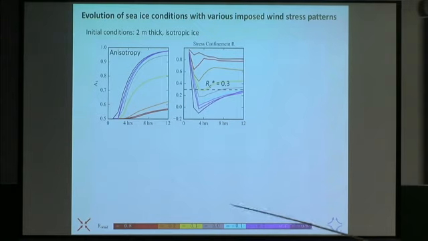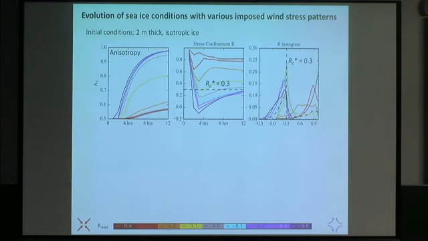In the red experiments, we don't. Then if we look at the histogram of the confinement stresses, calculated for every grid cell and added up, we see that for these sorts of wind stress patterns, we find a ratio of internal ice stresses which is below but hovering up to the critical confinement stress.